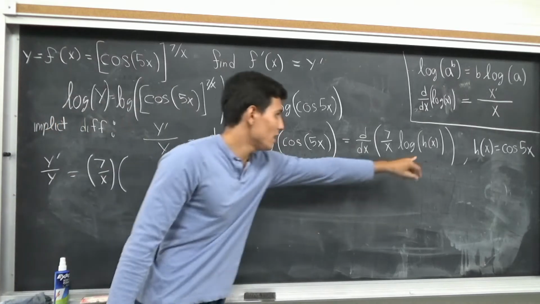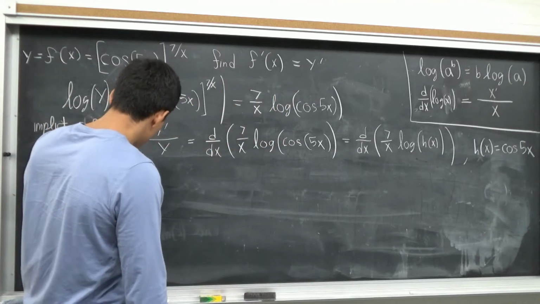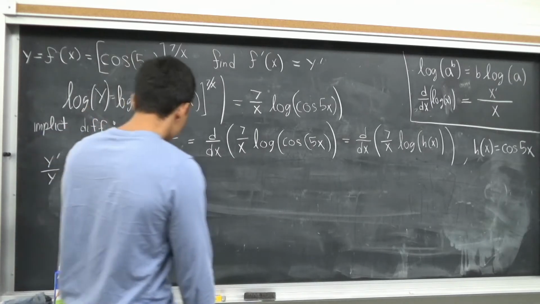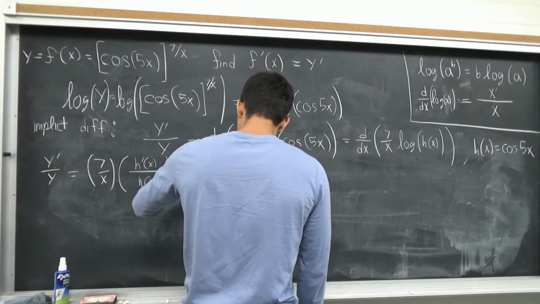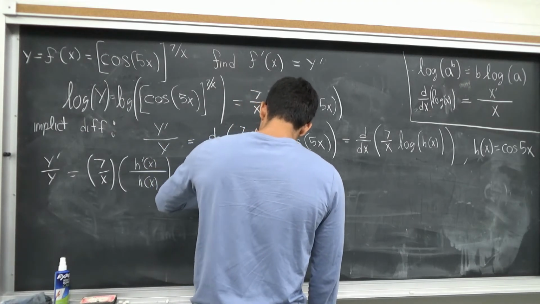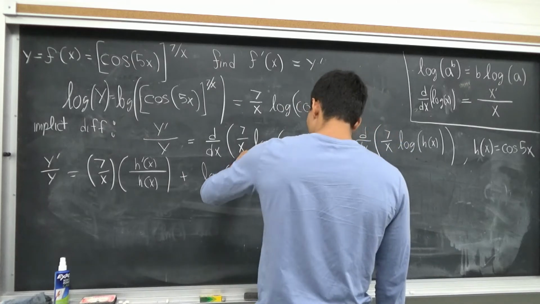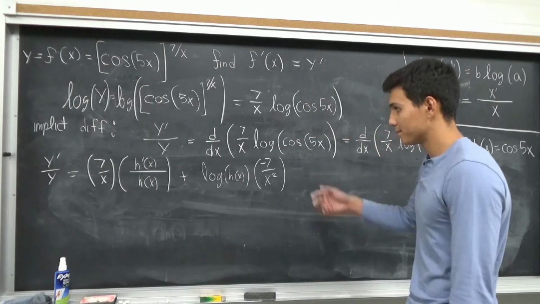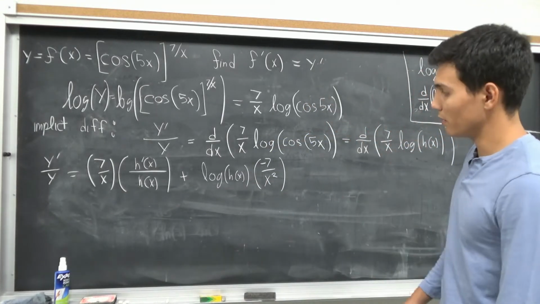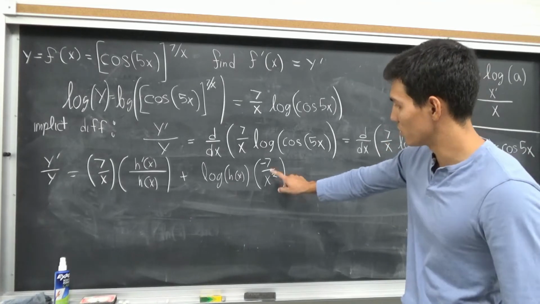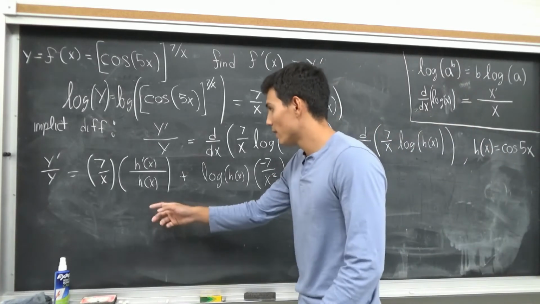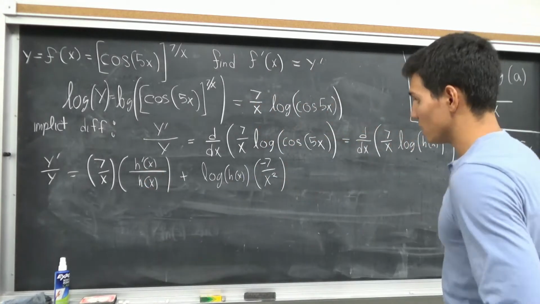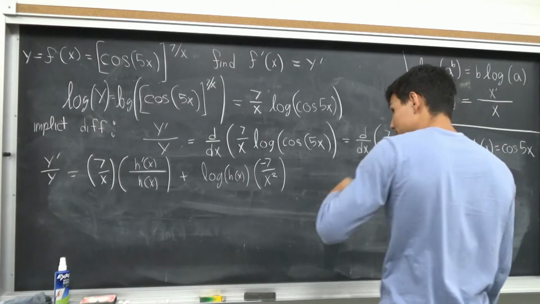The derivative of this guy, log h of x, which will be h prime of x over h of x, plus log h of x times negative 7 over x squared. So all I did here is apply the product rule and took the derivative of 7 over x, which is negative 7 over x squared. And the derivative of log of h of x is h prime of x divided by h of x. This is all consistent and it should make sense.